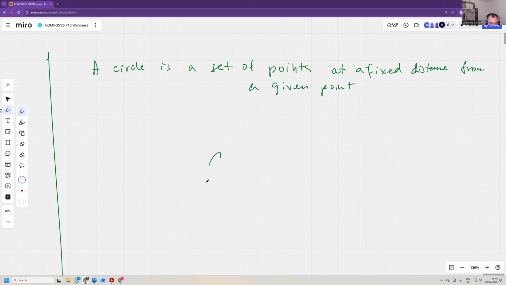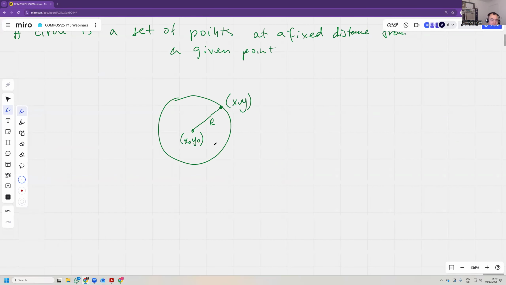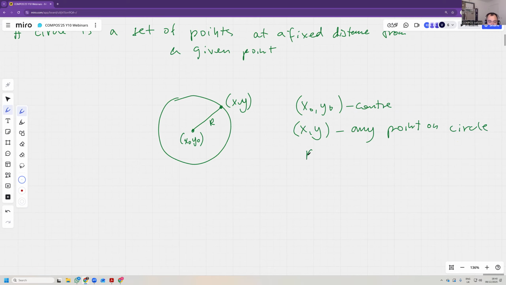Okay, so let's say you have a circle of radius r, and the center of the circle is (x0, y0). So (x, y) is a random point on the circle. (x0, y0) is the center, (x, y) is any point on the circle, and r is the radius, of course.